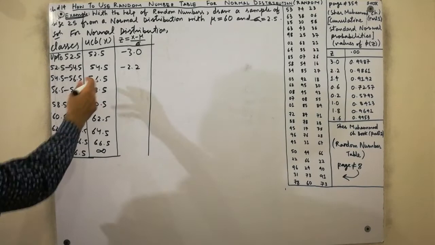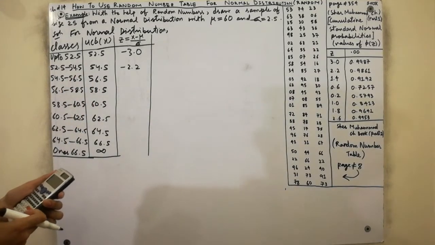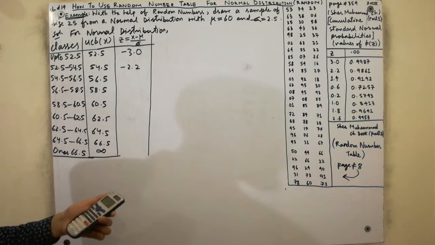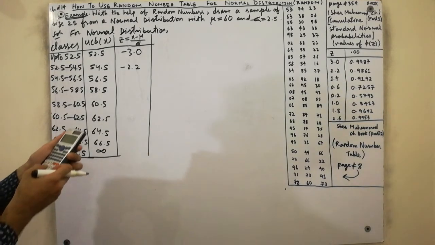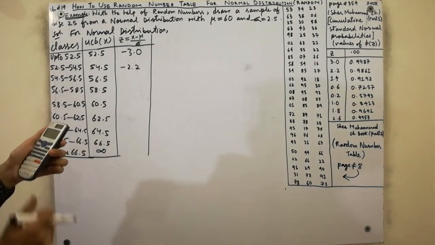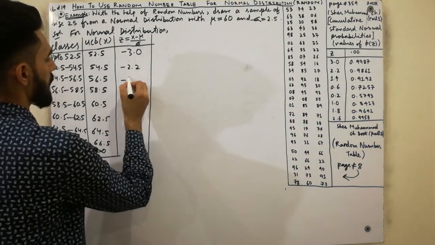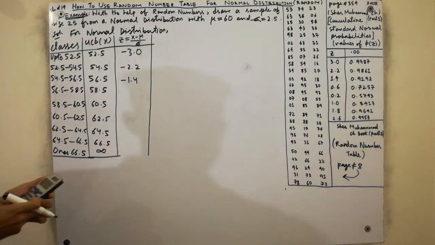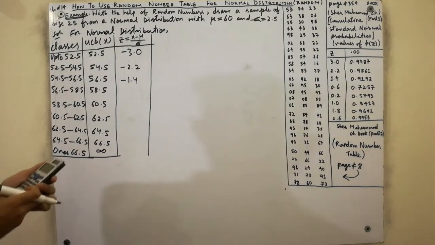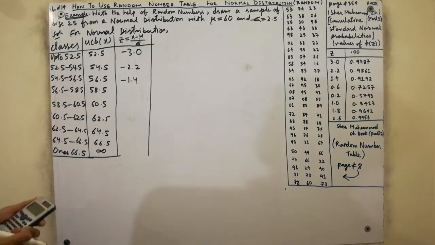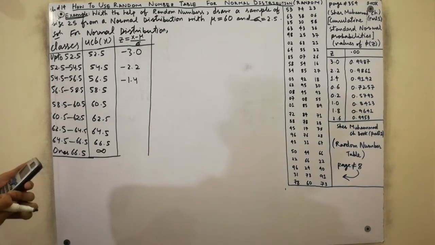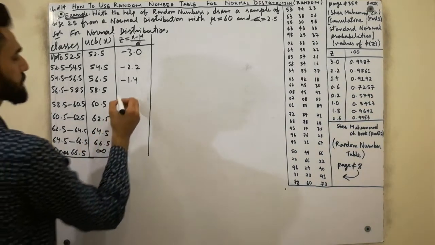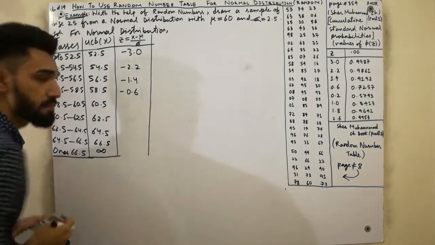Next, 56.5 minus 60, then divided by 2.5, we get minus 1.4. Next, 58.5 minus 60, divided by 2.5, we get minus 0.6. Next step 60.5.